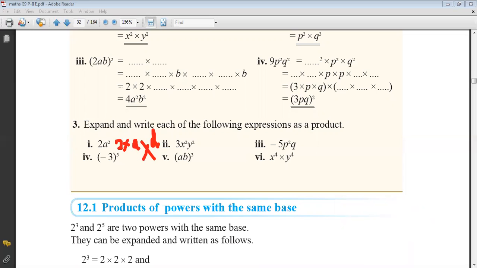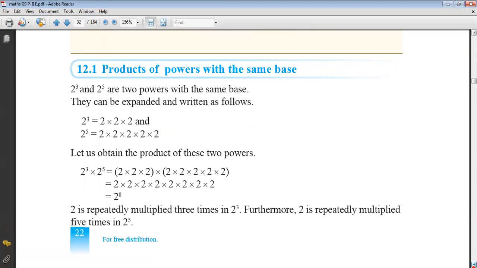Now, product of powers with the same base. Third power of 2 and the fifth power of 2 are two powers with the same base. They can be expanded and written as follows. Now here, the base is this 2.